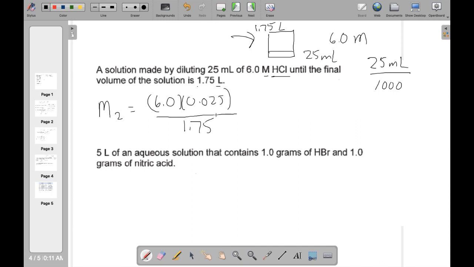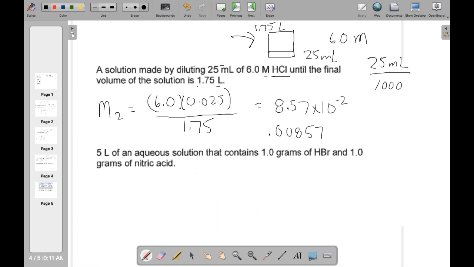Now if I do that math, I'm going to end up with 8.57 times 10 to the minus 2. That's my new molarity. I know you're like, whoa, what is all this? But just remember, this is like 0.00857. That's my new molarity. Now let's ask ourselves, does that make sense?